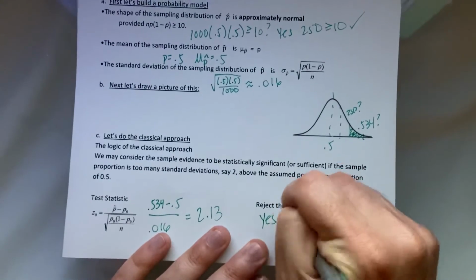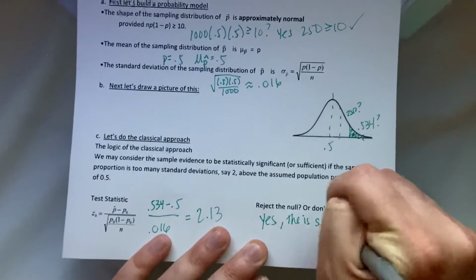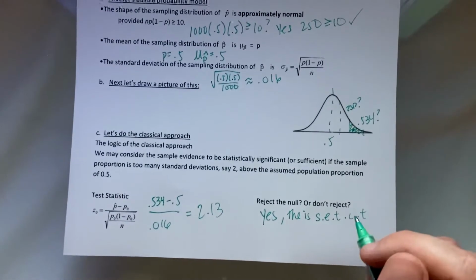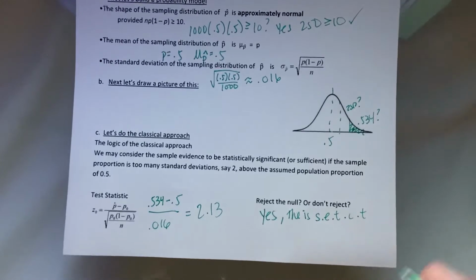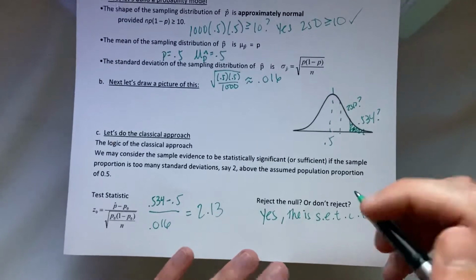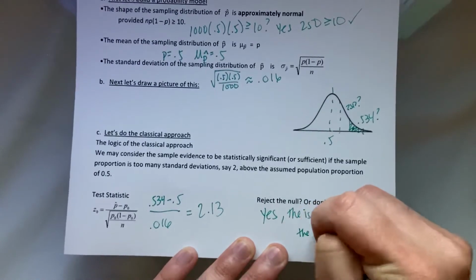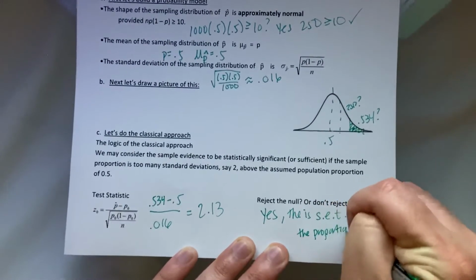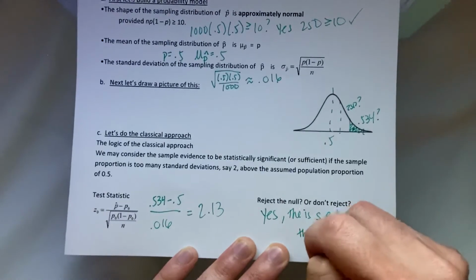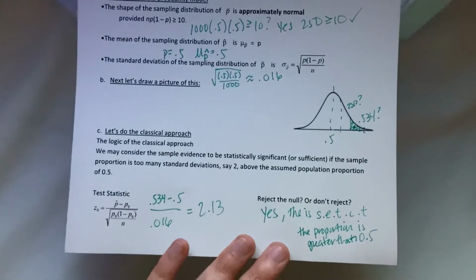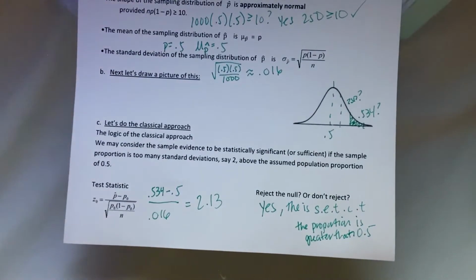There is sufficient evidence to conclude that the proportion is likely larger than 50% in the population. Proportion is greater than 0.5. This is another way this type of problem can be worded to get you to draw a conclusion, or another use for this type of classical approach.